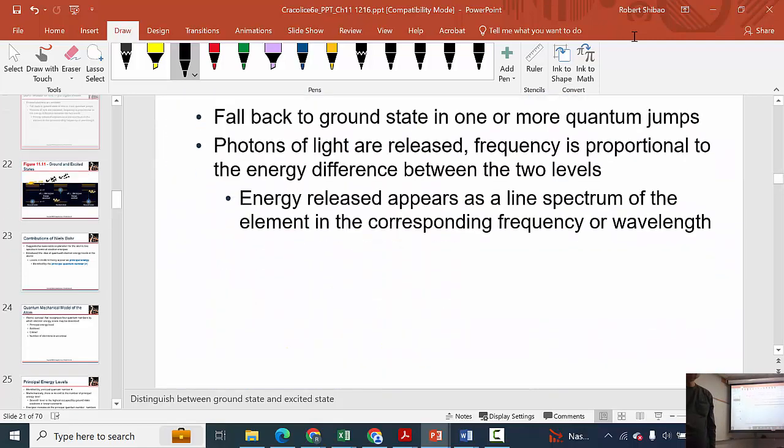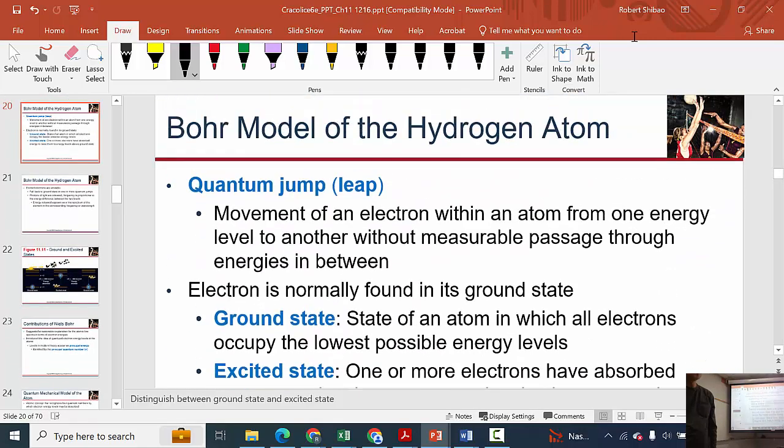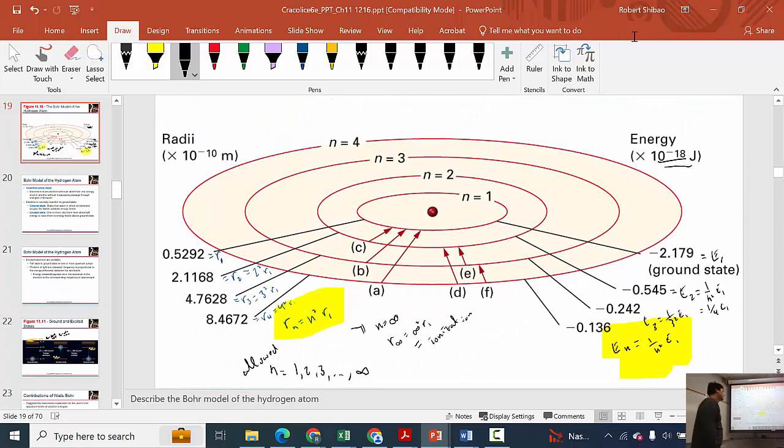So the question comes up is, why are the other orbits forbidden? Why are all these orbits forbidden? And do you know what the answer is? No, the answer was, have you ever heard of a postulate?